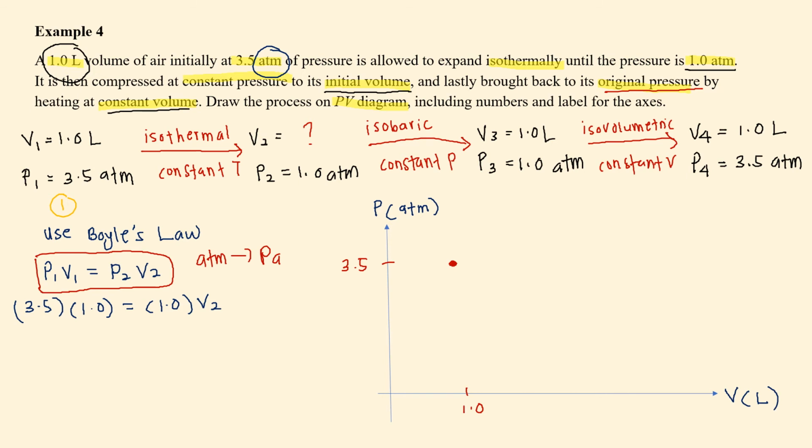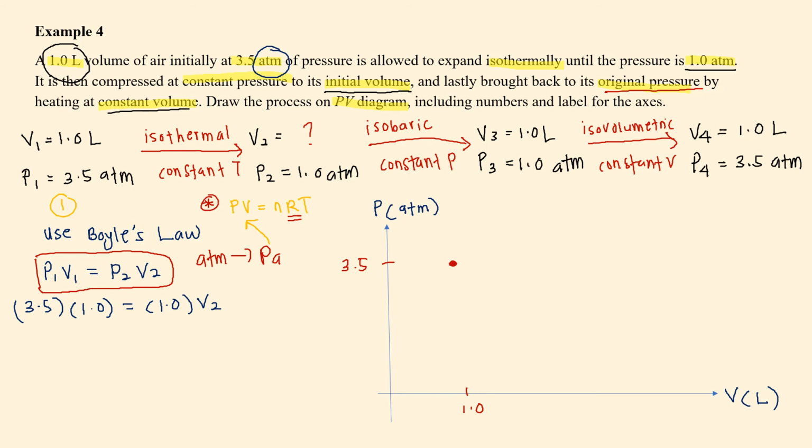But if we are using this formula, PV is equal to nRT, untuk formula ni kita kena guna the SI unit, which is Pascal. Kenapa kita gunakan Pascal? Disebabkan the value of constant here, kita sudah tetapkan apa unit dia. So remember, kalau gunakan this formula, PV is equal to nRT ataupun PV is equal to nkT, kita always guna SI unit. So that's just a reminder lah untuk kamu.